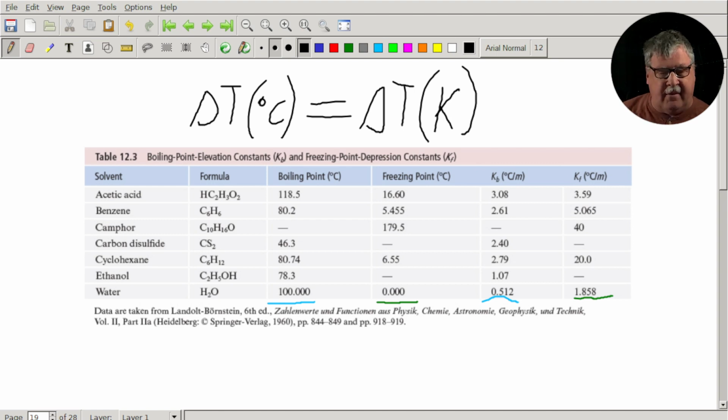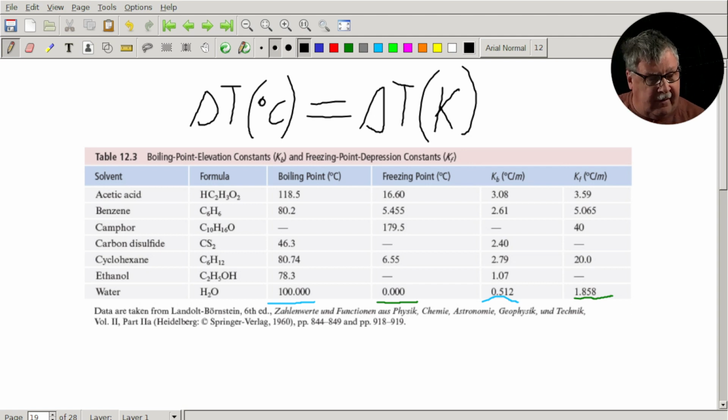And so sometimes as a result of that, you find freezing point depression constants in kelvins per molal instead of degrees Celsius per molal. They are the same. Because of this, you can make that transition if you think about it. Most textbooks do degrees C per molal, and so you can use freezing point depression in degrees centigrade as well.